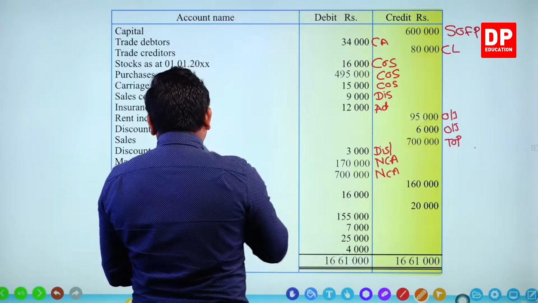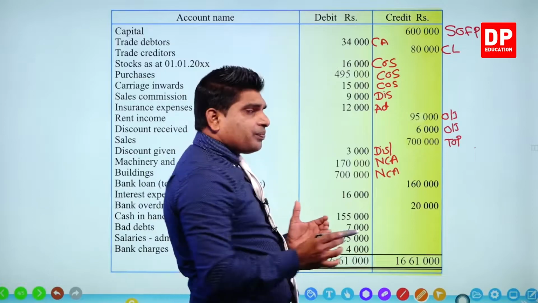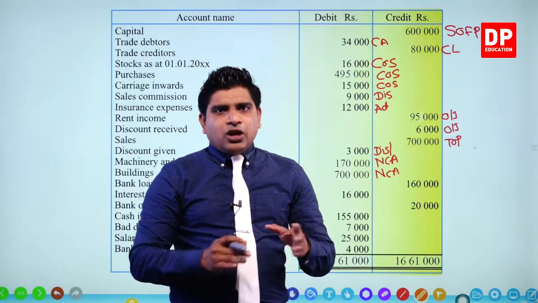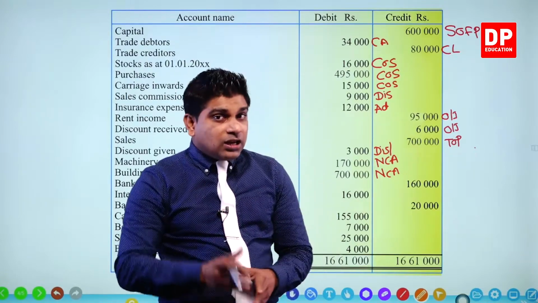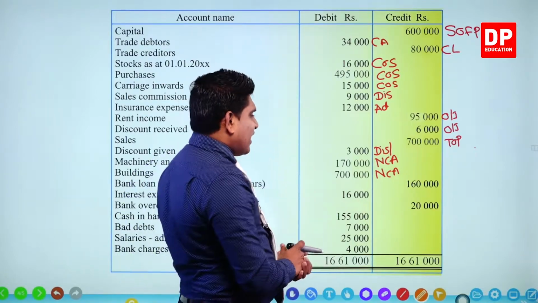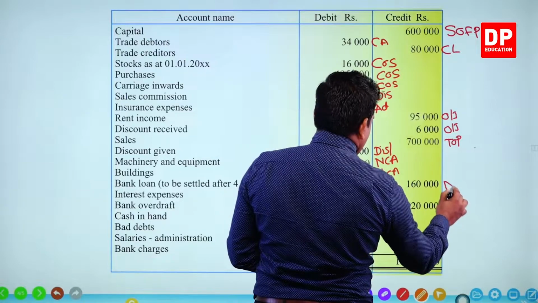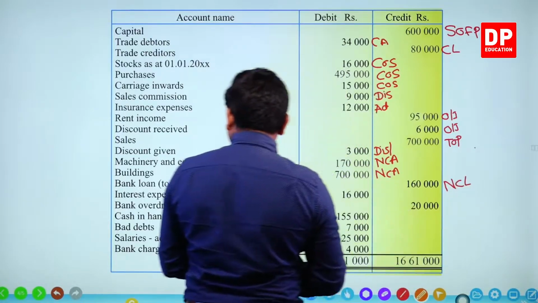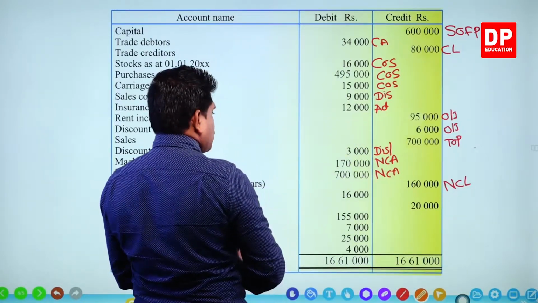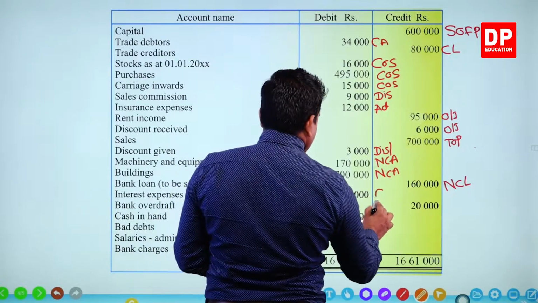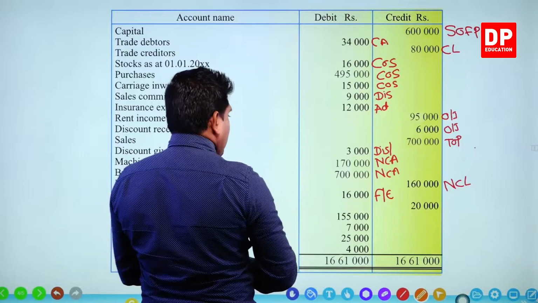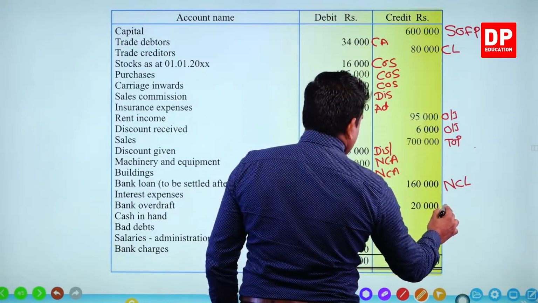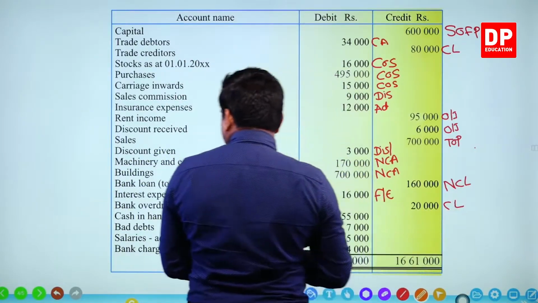Bank loan to be settled after 4 years. A bank loan is a liability, you have to settle within 4 years. 4 years means more than 1 year, then it goes to the non-current liability category. Okay, non-current liability category. Interest expense, financial expense. Bank overdraft, short-term liability, current liability.